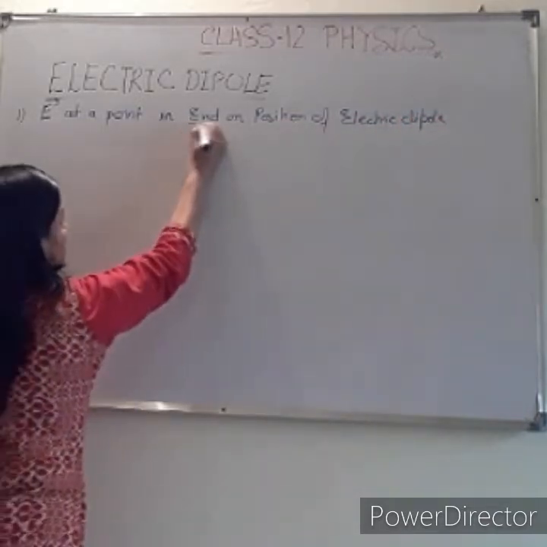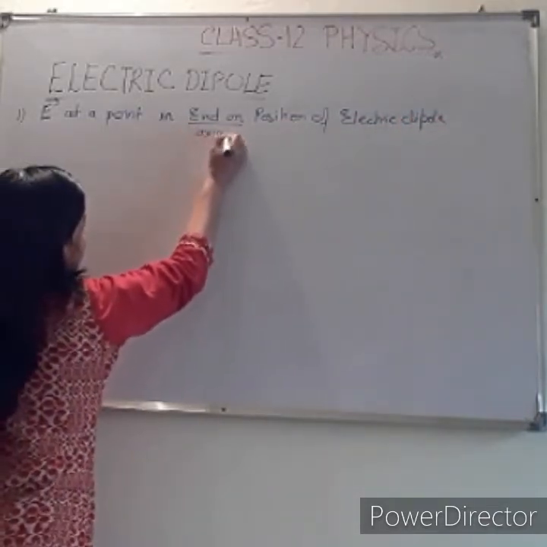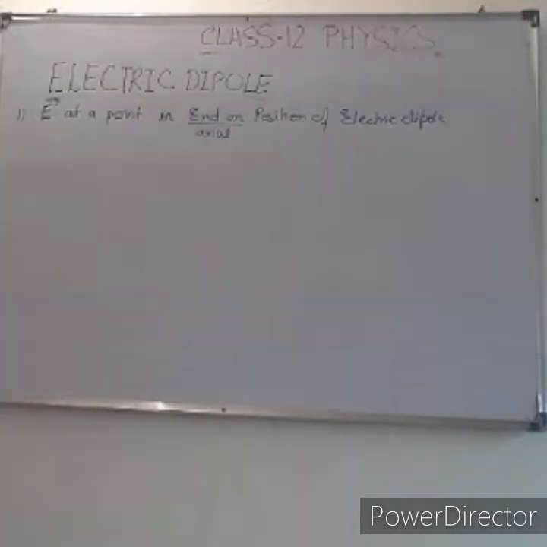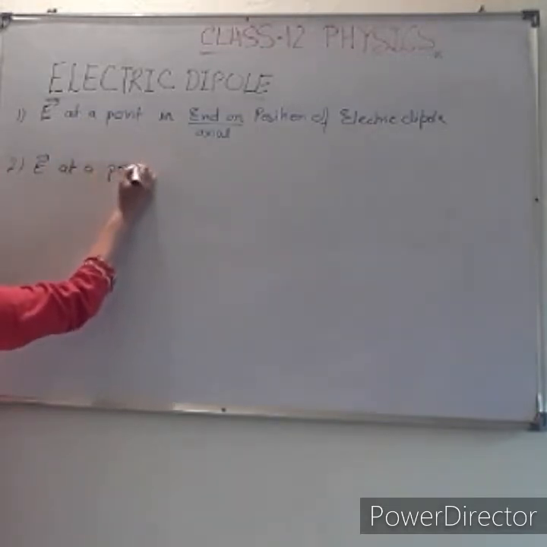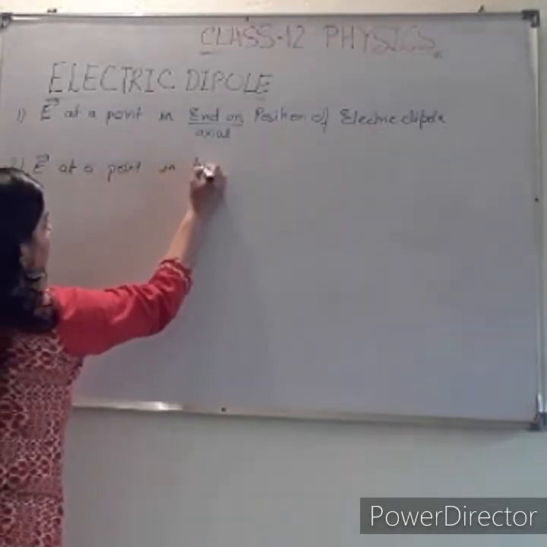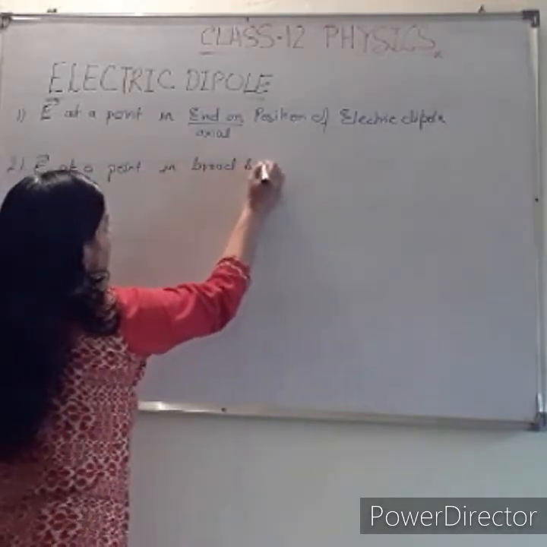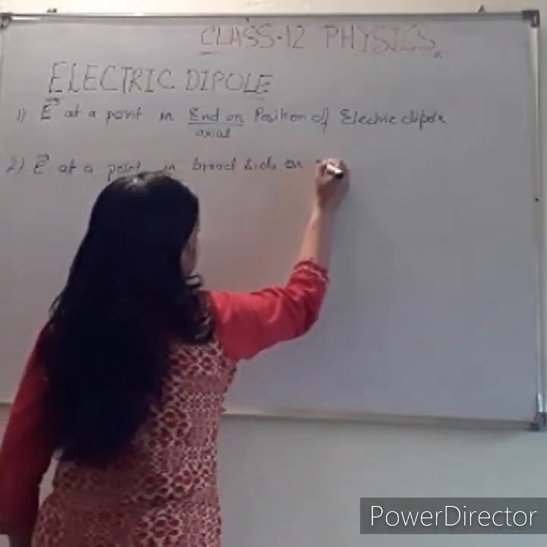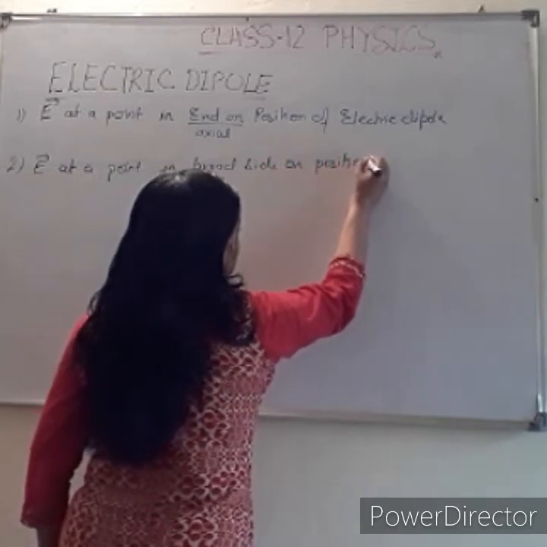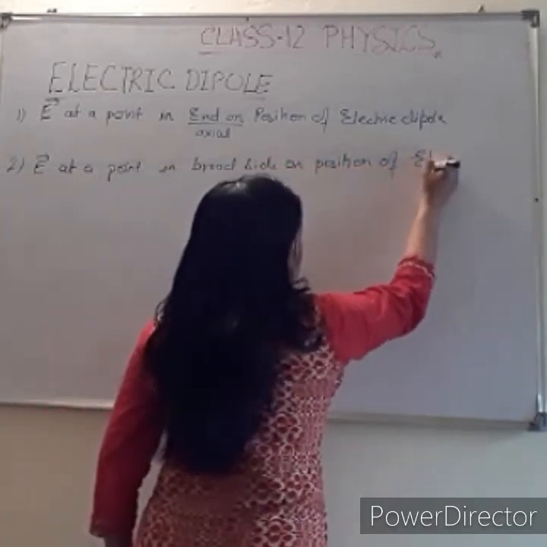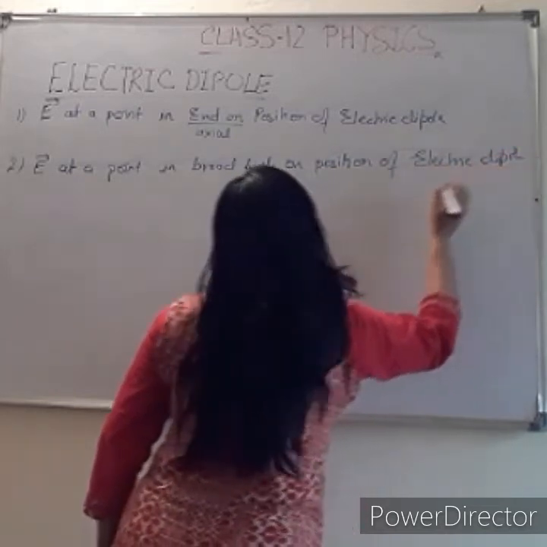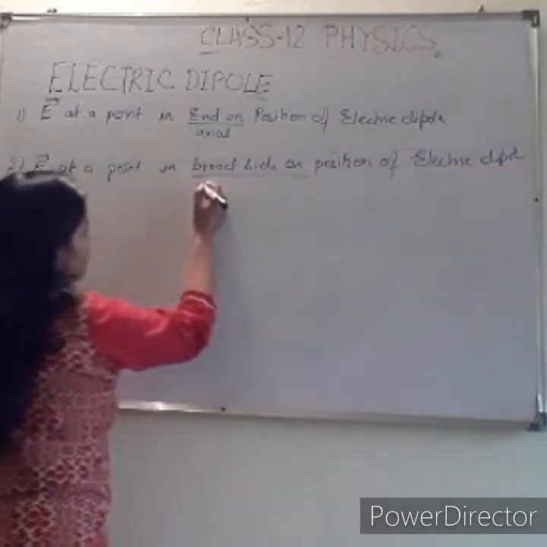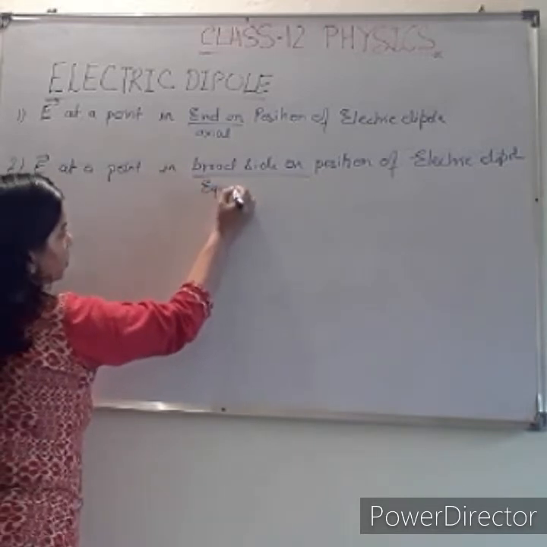This end-on position is also called the axial position. And the second is the electric field at a point in the broadside-on position of the electric dipole. This broadside-on position is also called equatorial.